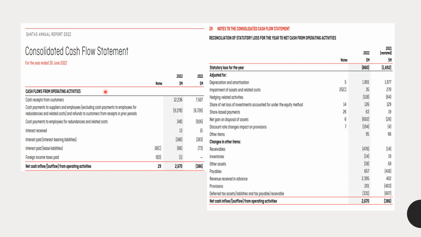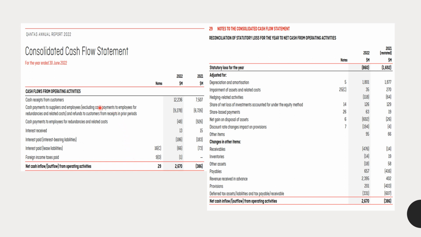On the left-hand side, we have the direct method. On the right-hand side, we have the indirect method. In the direct method, a firm or a reporting entity reports the sources of cash and the uses of its cash in operations directly.